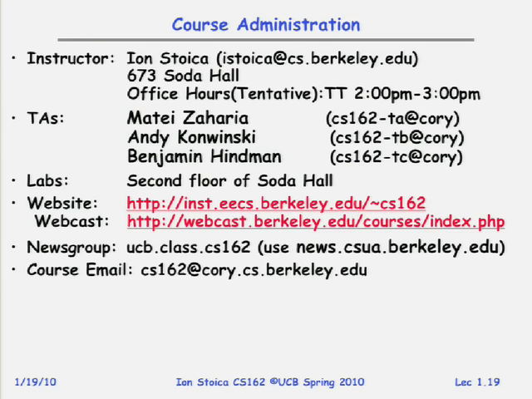I think yours is from 10, right? They are fantastic TAs. Again, you are lucky, and I am lucky to have them. And these are their emails: CS162, TA, TB, and TC. So TA is Matei, TB is Andy, and Ben is TC. Correct, Andy? Yep.